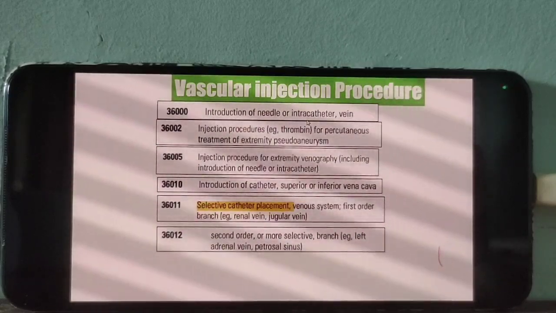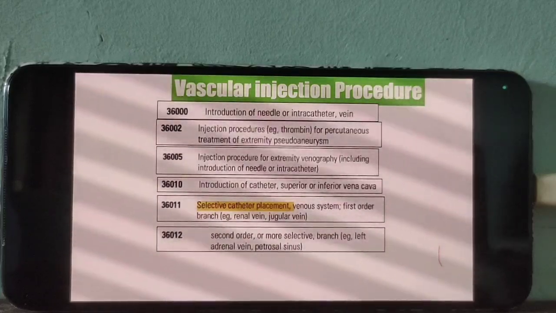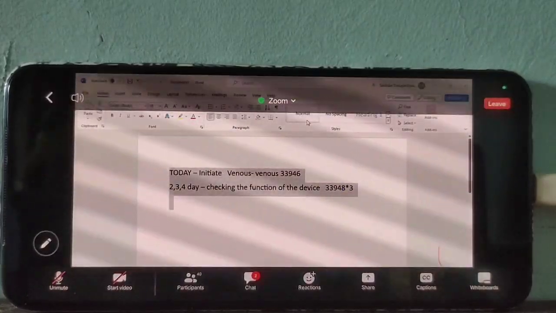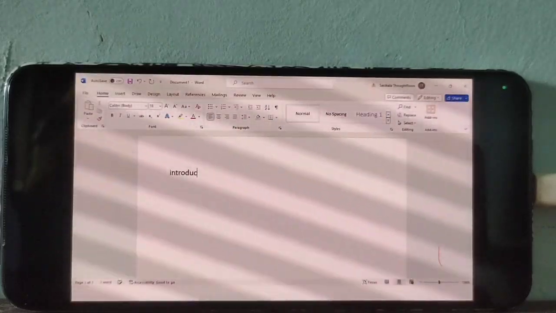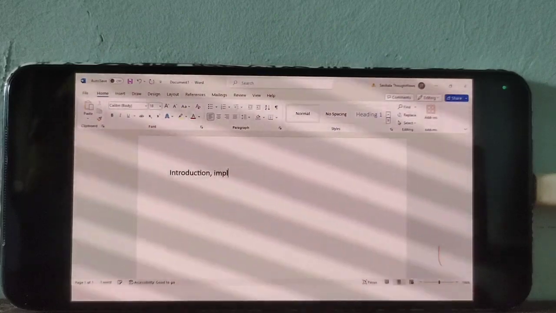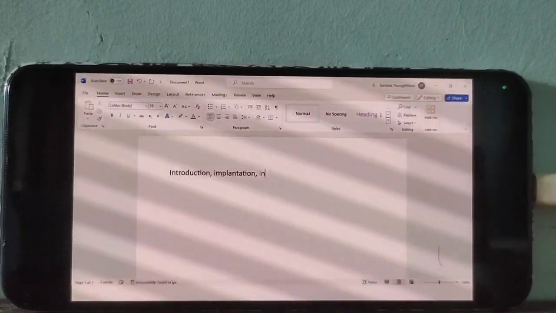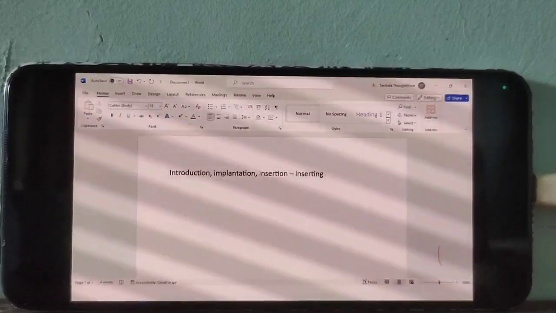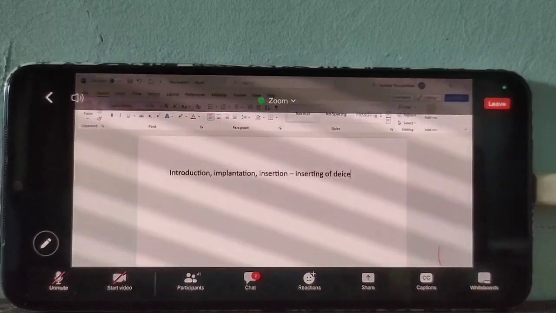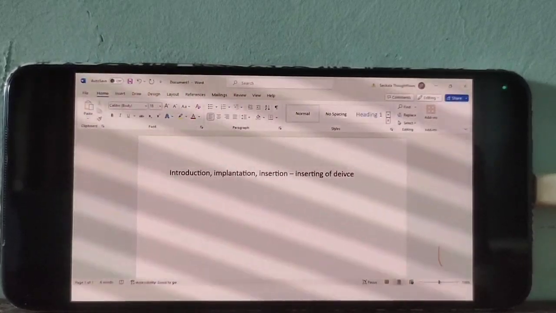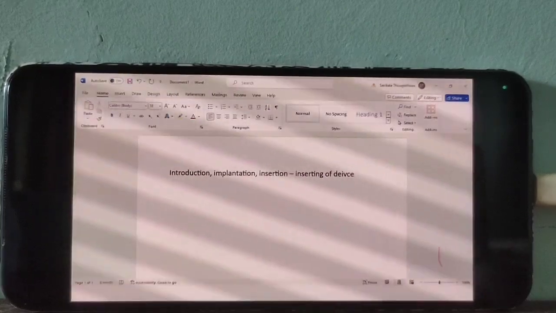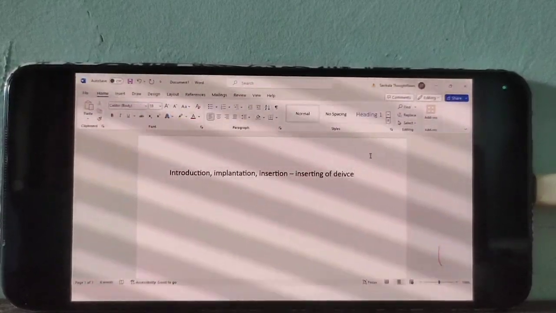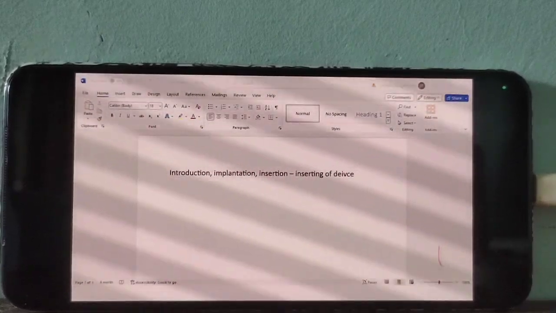Introduction, insertion, implantation mean inserting a device.